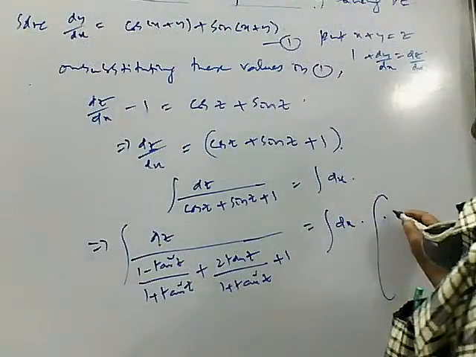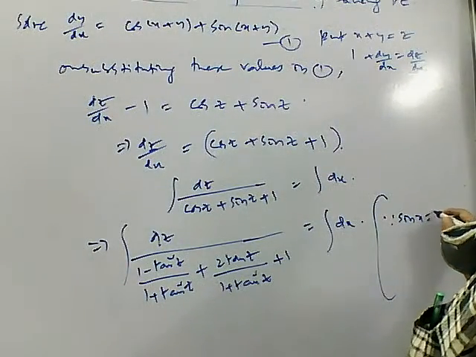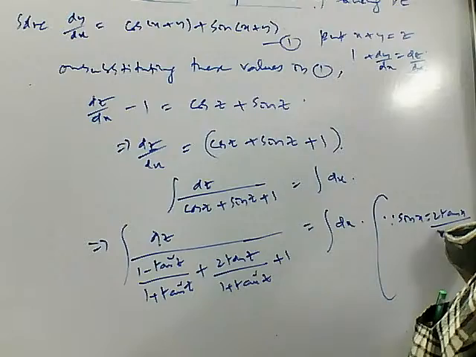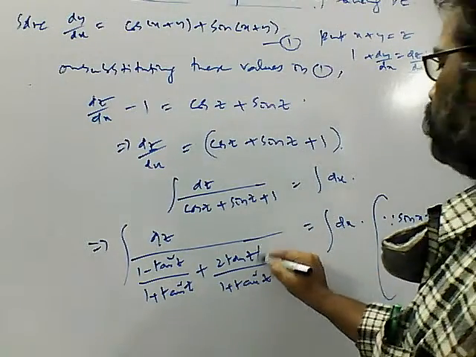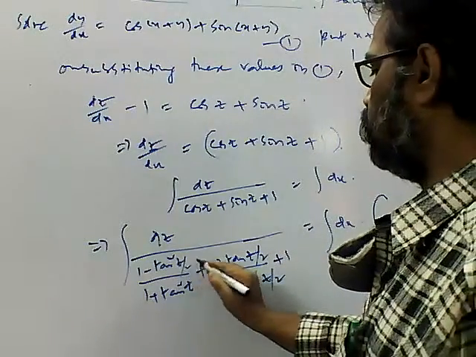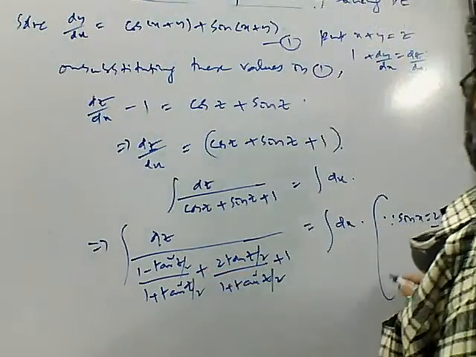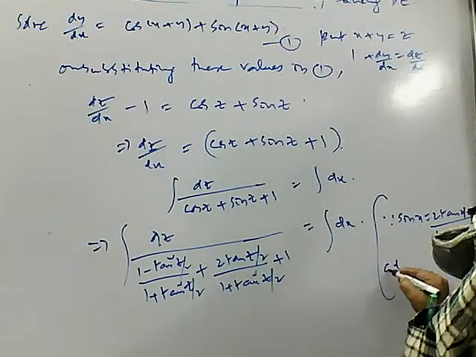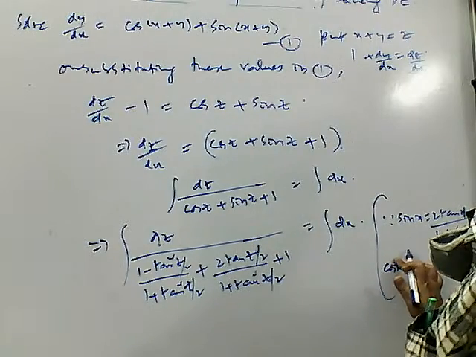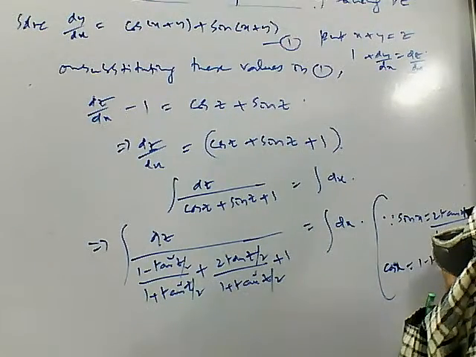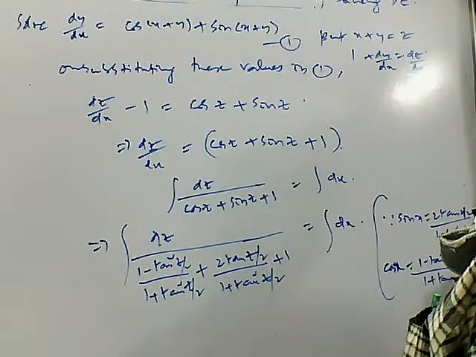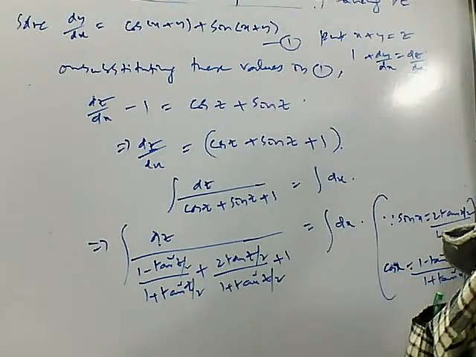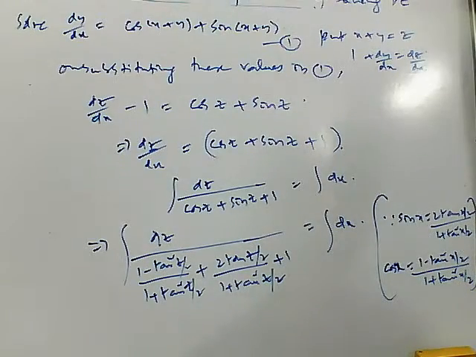Since sin z = 2 tan(z/2)/(1 + tan²(z/2)) and cos z = (1 - tan²(z/2))/(1 + tan²(z/2)), that is the formula. Right? Now we'll go for LCM.